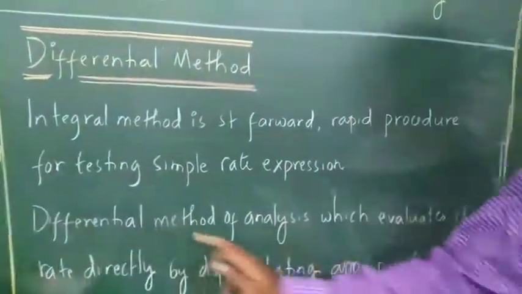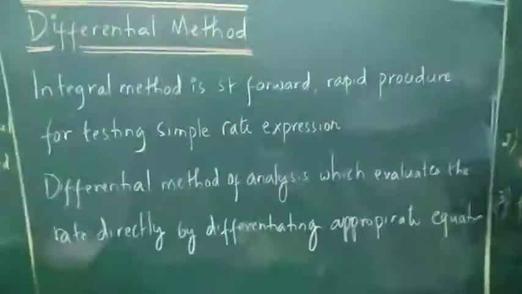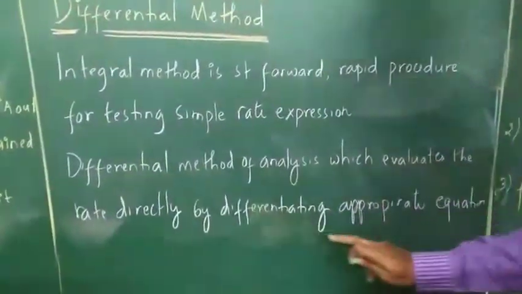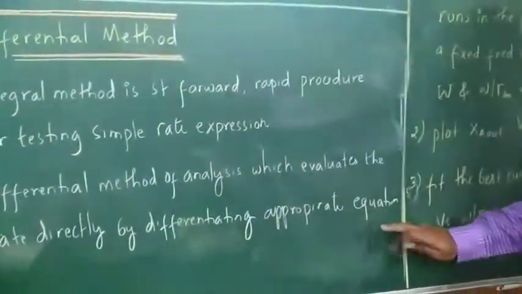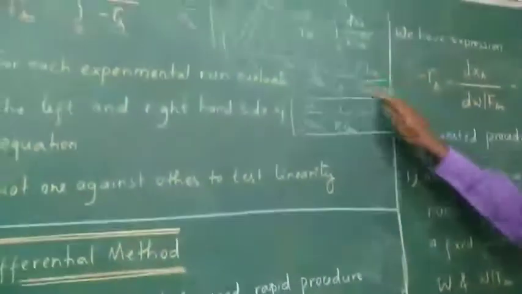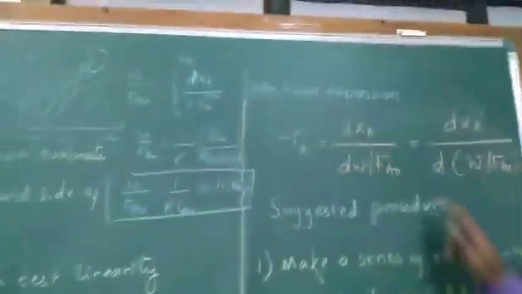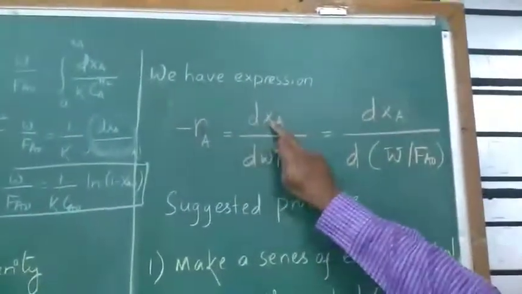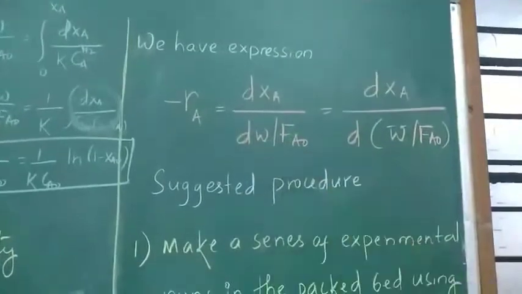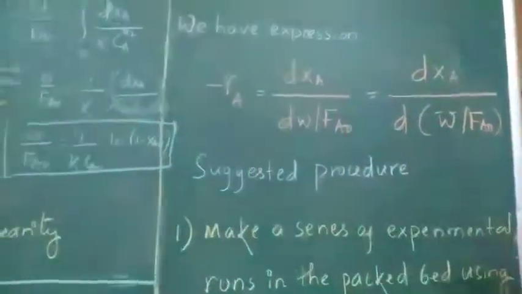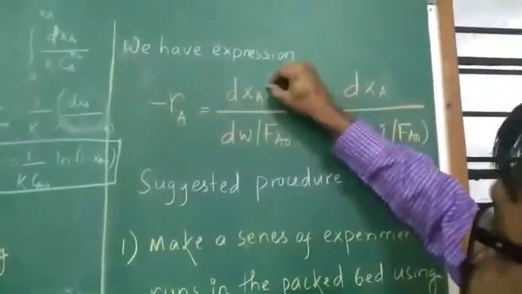The differential method of analysis evaluates the rate directly by differentiating the appropriate equation. Directly we calculate the value of this by using this method. So usually what is the form of the equation? Minus RA is equal to dXA by d(W by FA naught). How are we getting this equation? It is nothing but a mixed flow reactor.